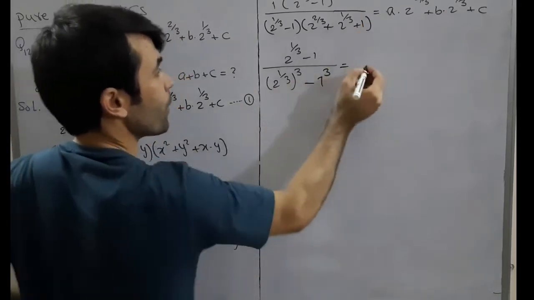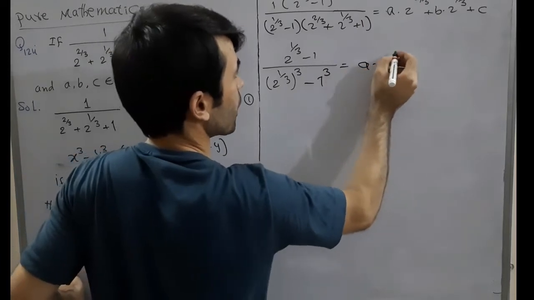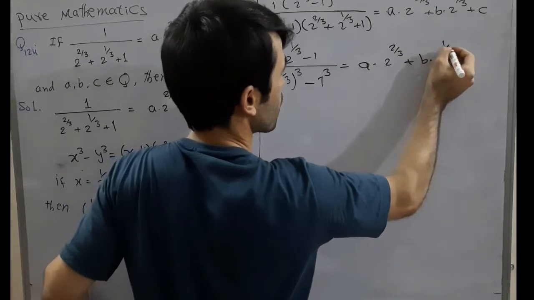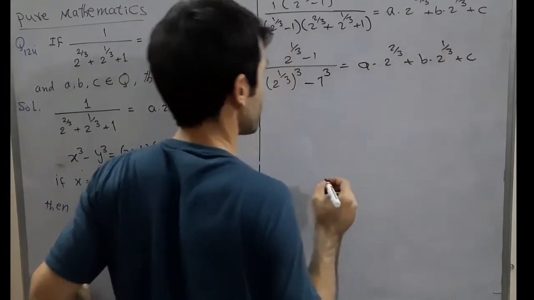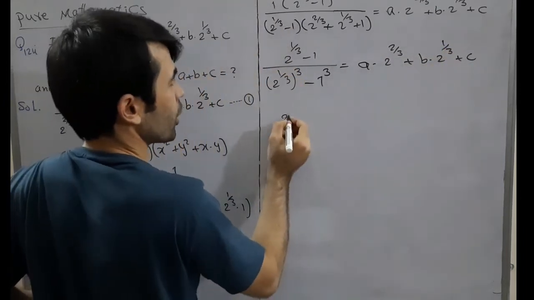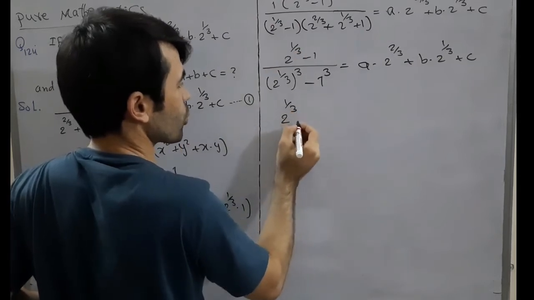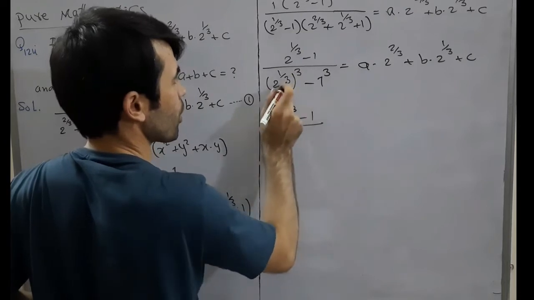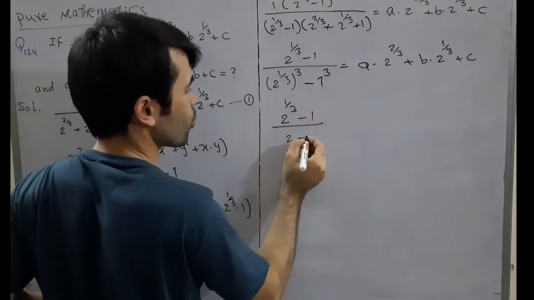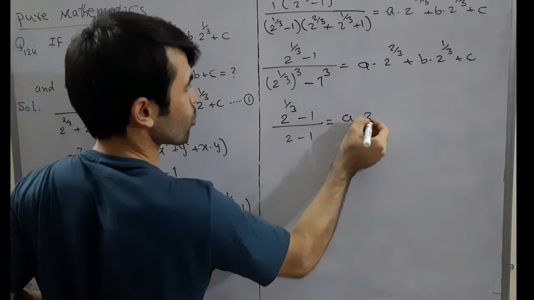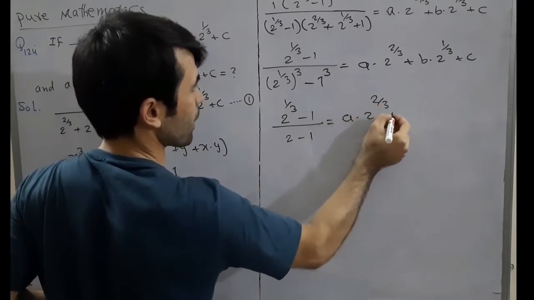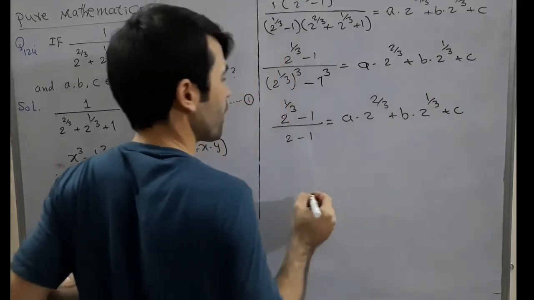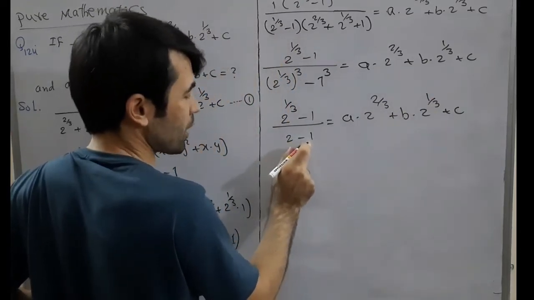It is equal to a times 2 to the power 2 over 3 plus b times 2 to the power 1 over 3 plus c. In the numerator, the cube and the 3 cancel, then we get 2 minus 1, which is equal to 1.